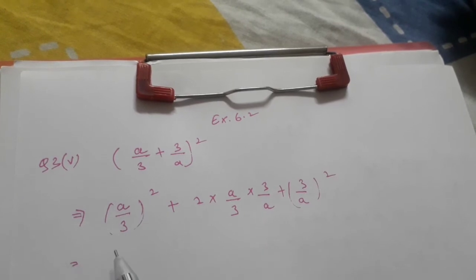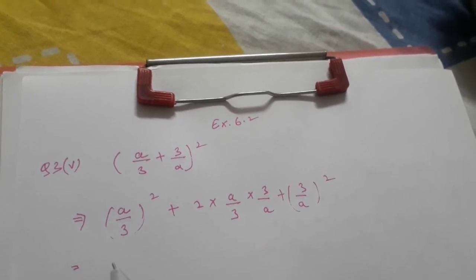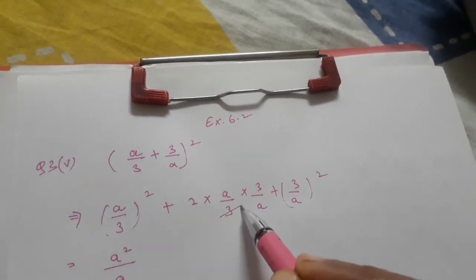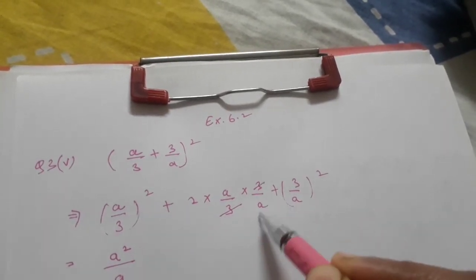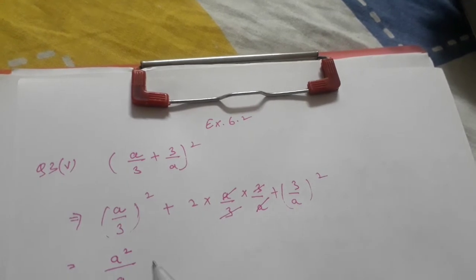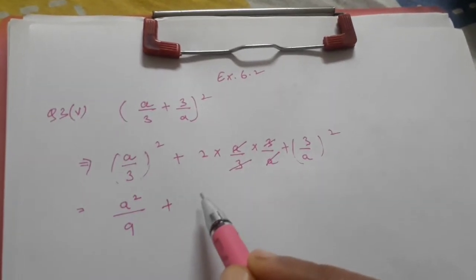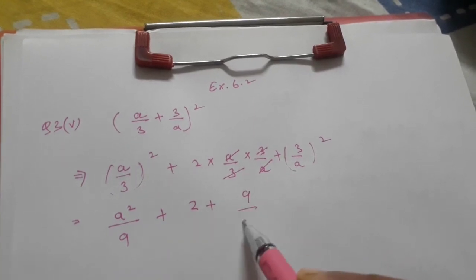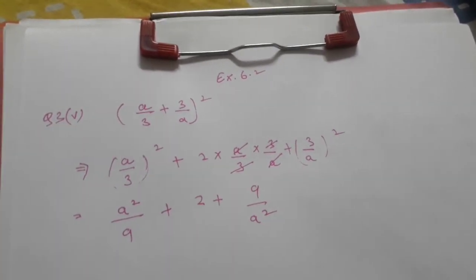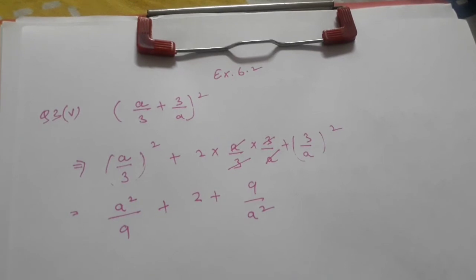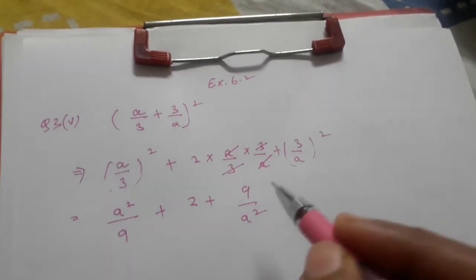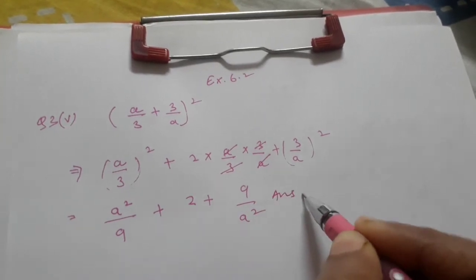So a by 3 whole square would become a square by 9. Here 3 will get cancelled with 3 and a will get cancelled with a. So we will be left with 2, plus 3 3s are 9, a square. So the answer of the fifth part of question number 3 is a square by 9 plus 2 plus 9 by a square, which is our answer.